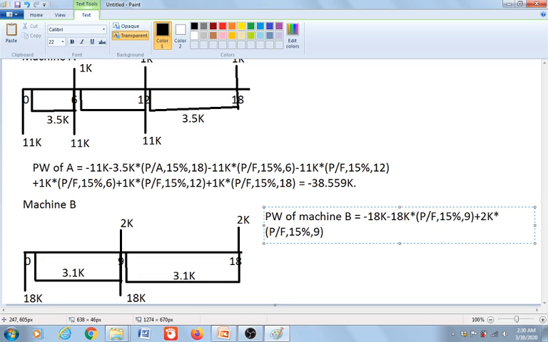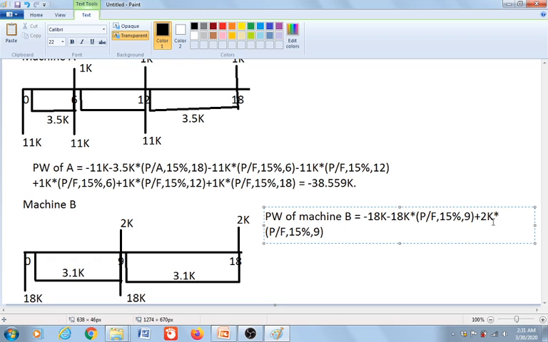Okay, something that I missed, I will calculate the O and M at the end. So I have 18k and 18k.